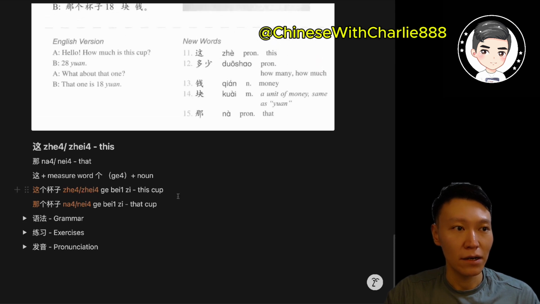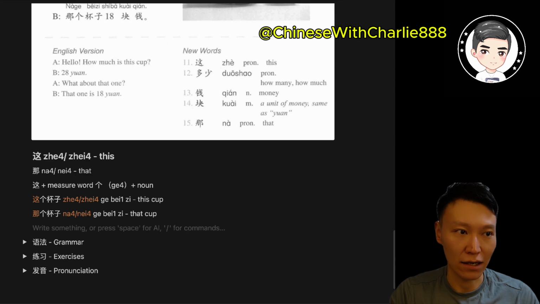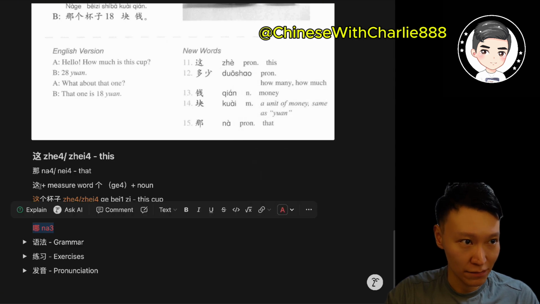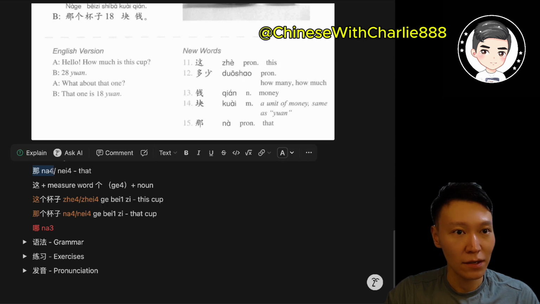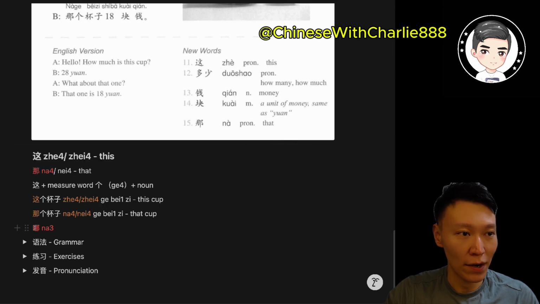And of course, if it's a question, then we have 哪个. Pay attention here, this character 哪. First of all, it's a different character than 那. You can see they're different in writing because there's one more part on the left.